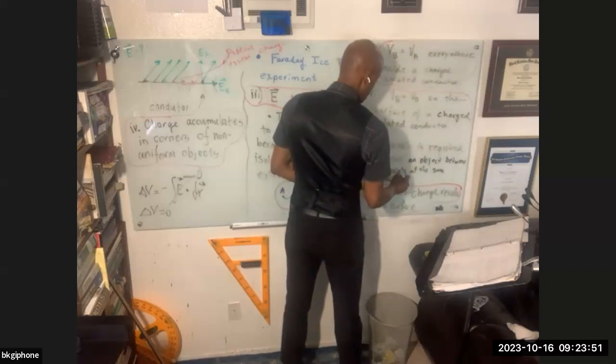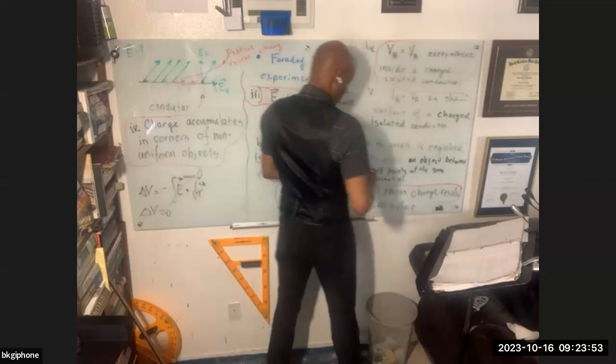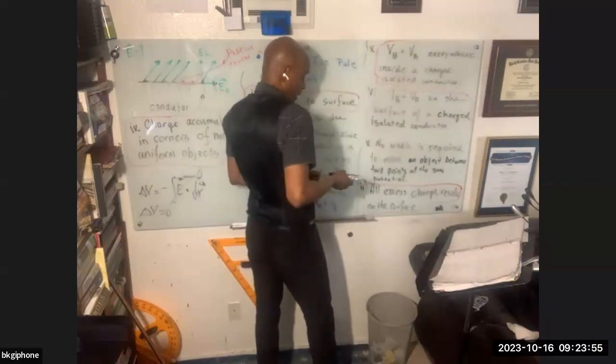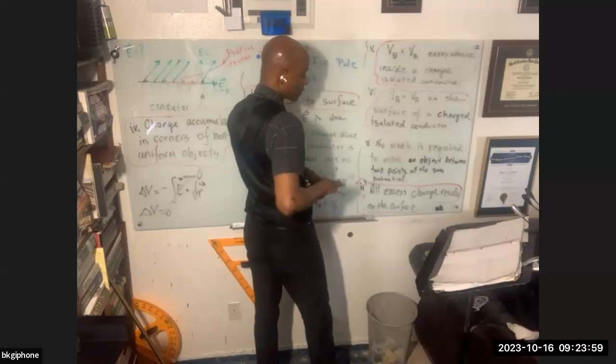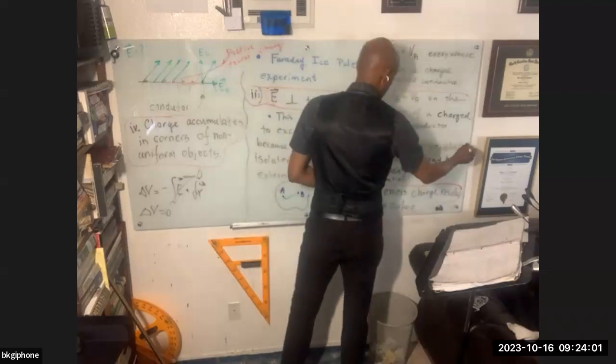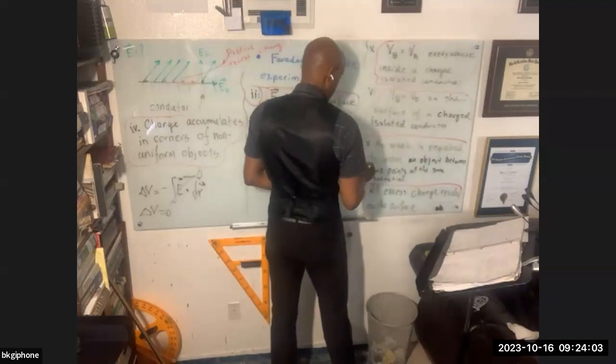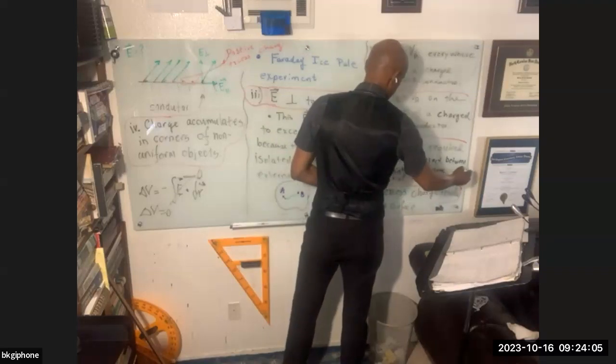Now, I have offered you a couple of different perspectives about this. We're saying that if you were to move excess charge between 2 points, there would be no work required to do so.